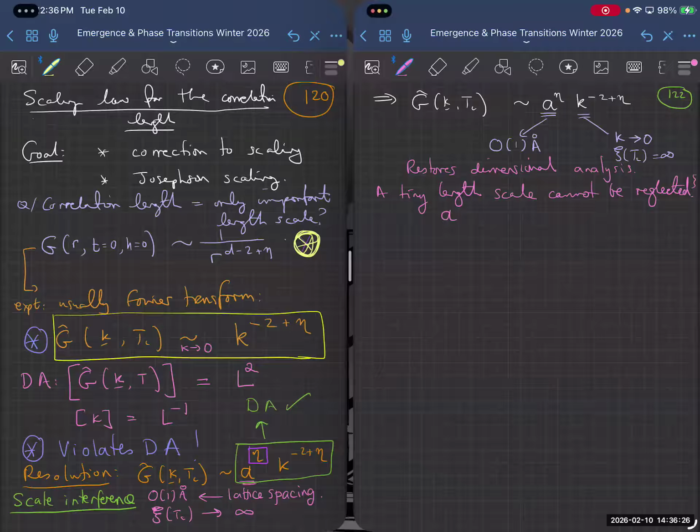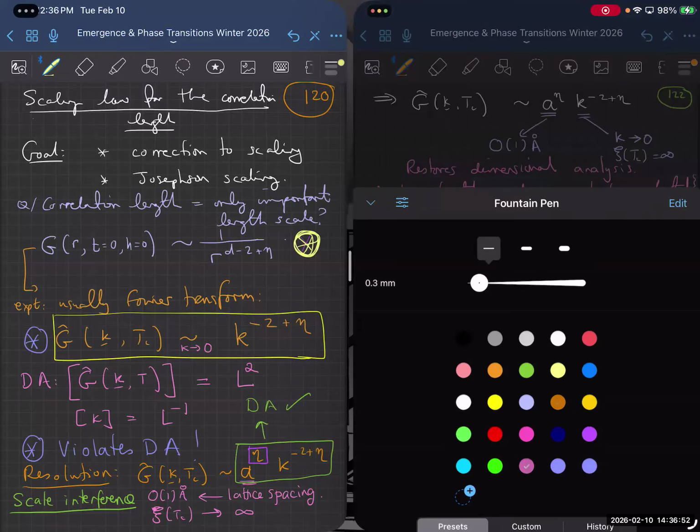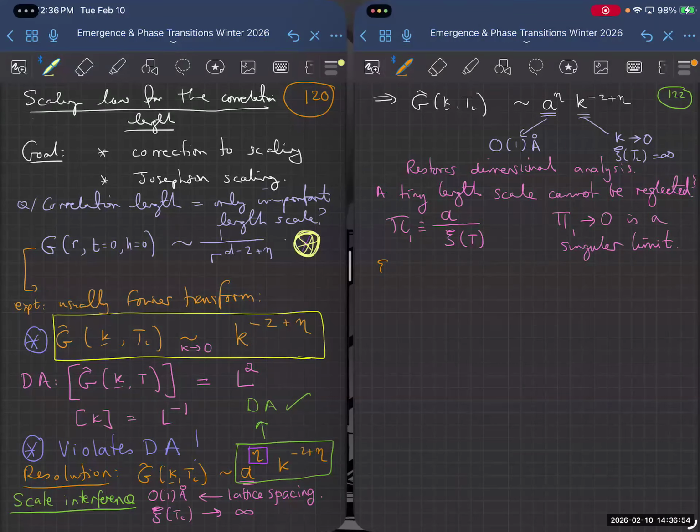What we're basically saying is that if I have the variable a over xi, and xi is a function of t, and I call that variable, let's say, pi 1, then the limit as pi 1 goes to 0 is a singular limit. Indeed, in the language that we used at the beginning of the class, this is an example of intermediate asymptotics of the second kind.